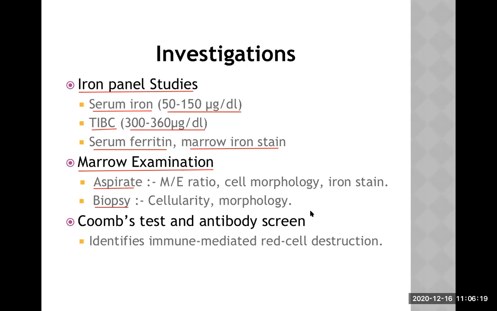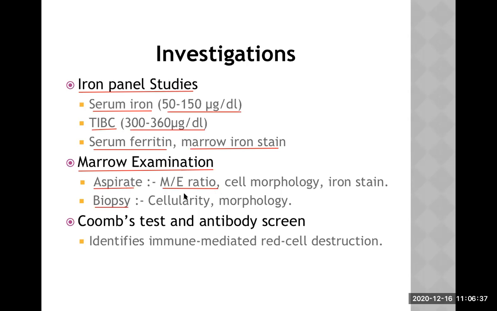Now what we do after that, we check the myeloid erythroid ratio. M is myeloid, E is erythroid. Now you all know myeloid means premature cells of the myeloid series, and erythroid means premature cells of the RBC series.